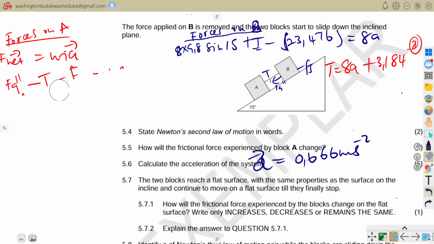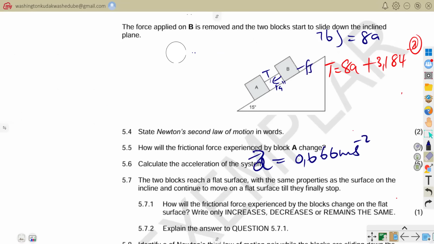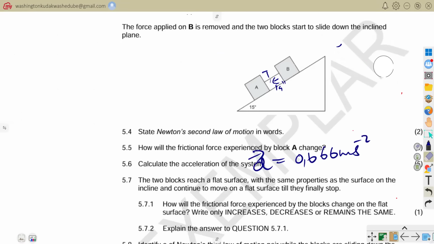After calculating your acceleration, even if they say calculate tension, you can substitute that acceleration and solve for your tension.